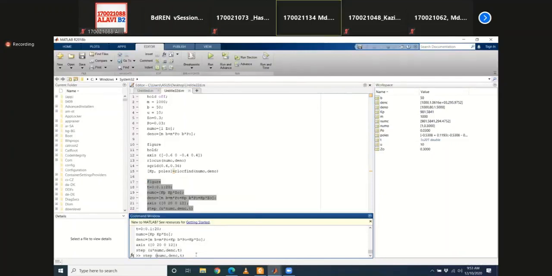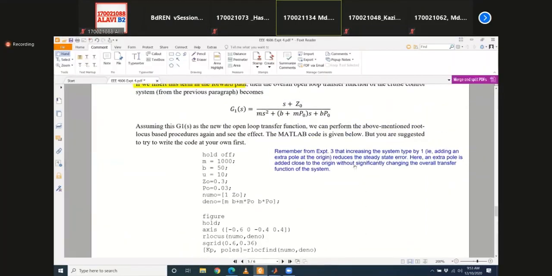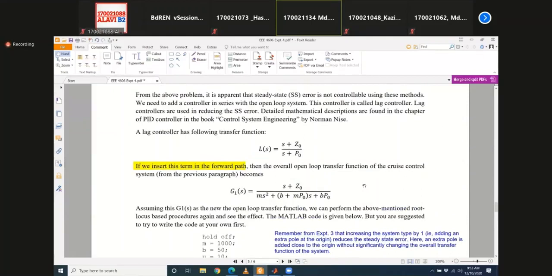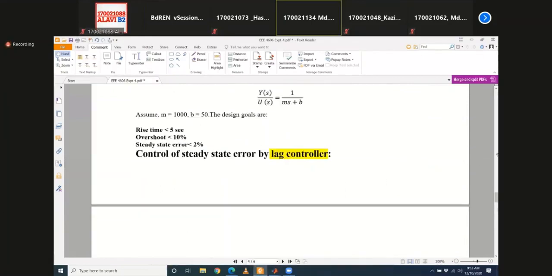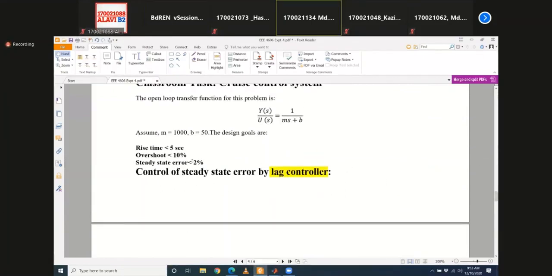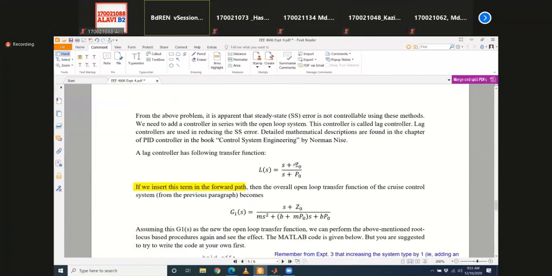So how are we controlling the steady state error by the lab controller value? It said less than 2%. Where did we calculate the steady state error? If it said less than 1%, what would be the change in Z0 or P0? How would we calculate it? For that, you have to do some trial and error, select the appropriate values of Z0 and P0.